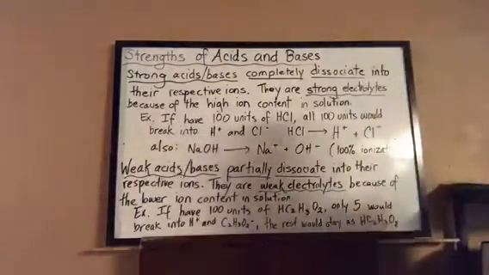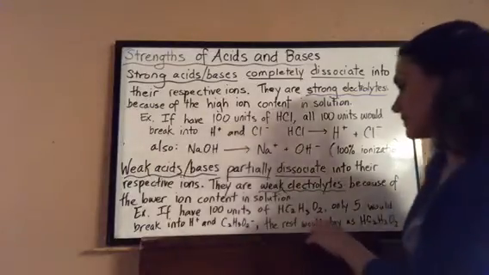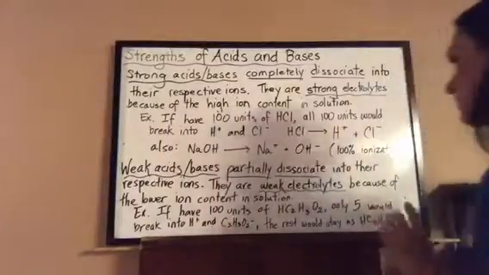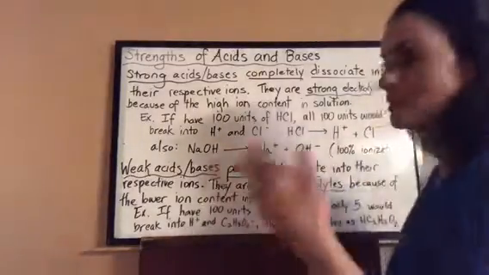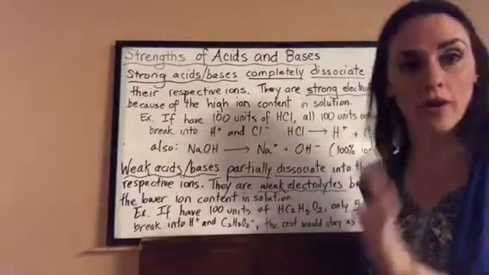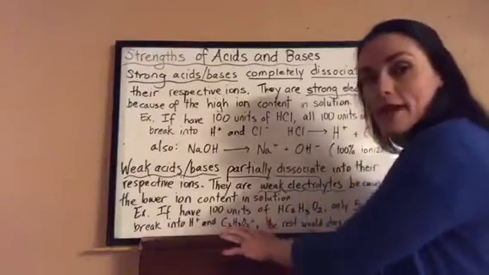Let's look at an example of a weak acid. Acetic acid, the acid that's in vinegar. If you have an aqueous solution of acetic acid, and you have 100 units, let's say, in theory, of acetic acid, only 5 out of 100 units would break apart into the hydrogen ion and the acetate ion.